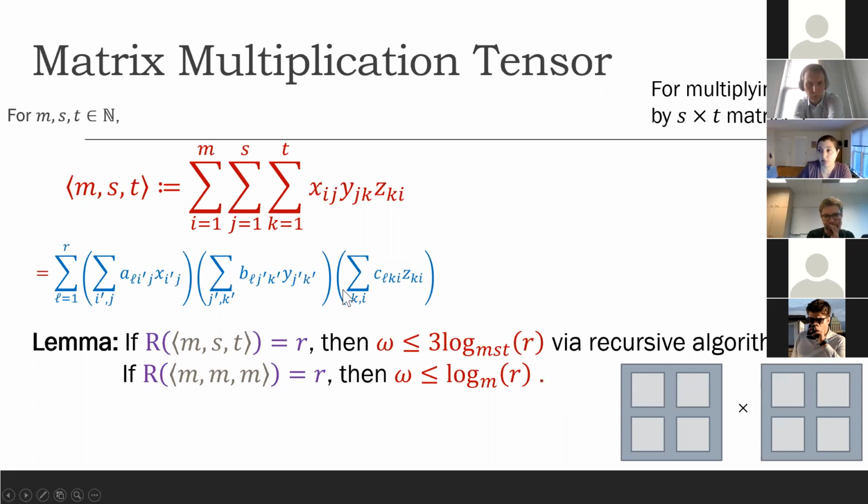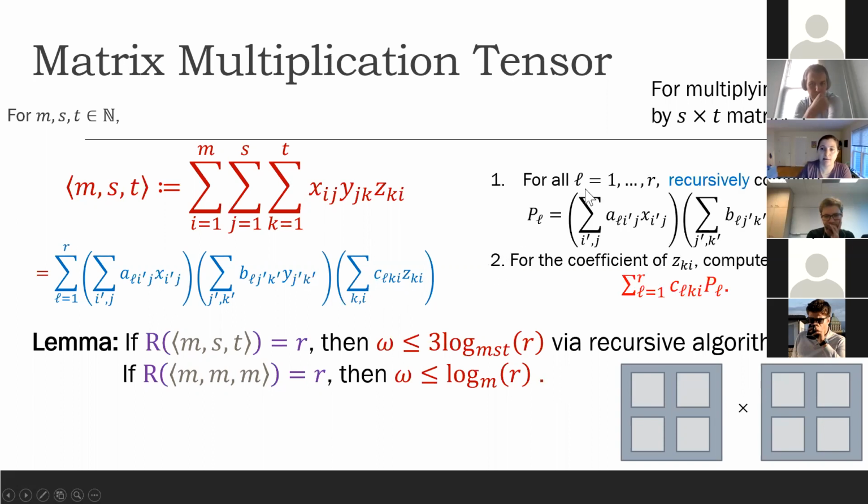You look at this decomposition and you say, well, this decomposition says that I can get the following algorithm. For every choice of L from 1 to R, I look at this product of this linear combination of the x variables times this linear combination of the y variables. Now, these x variables for us are just submatrices, so blocks.